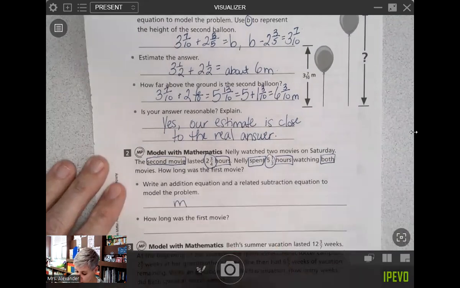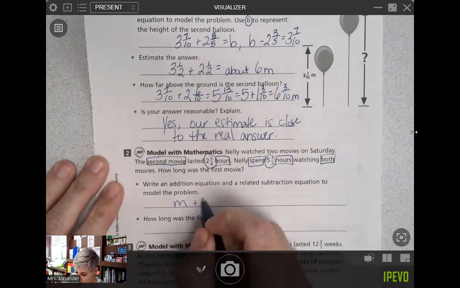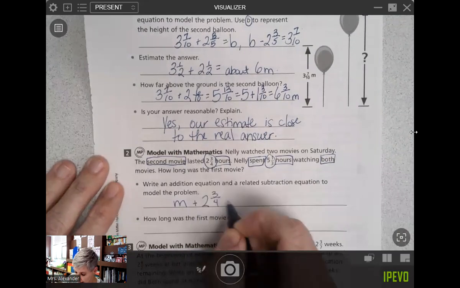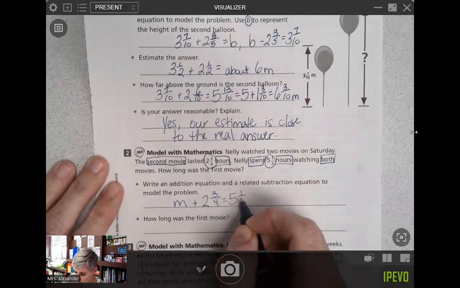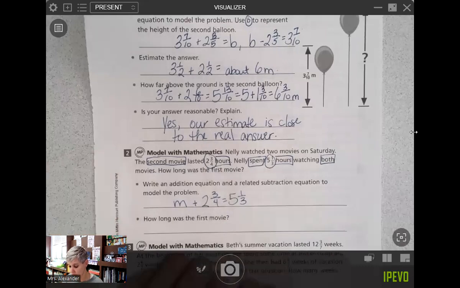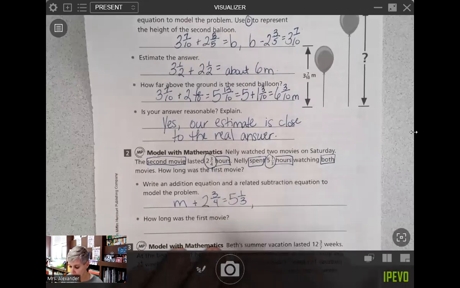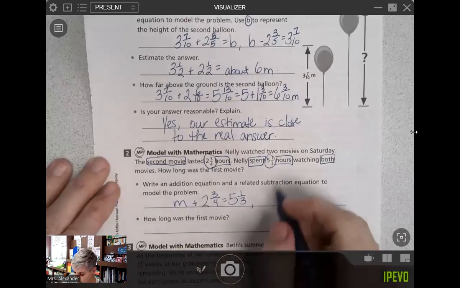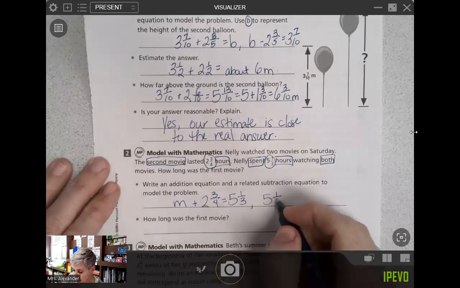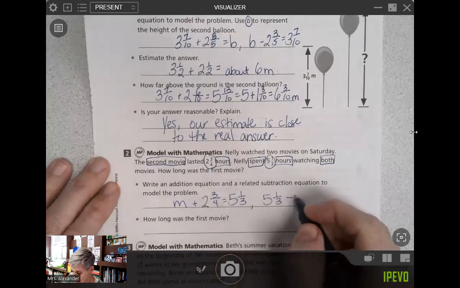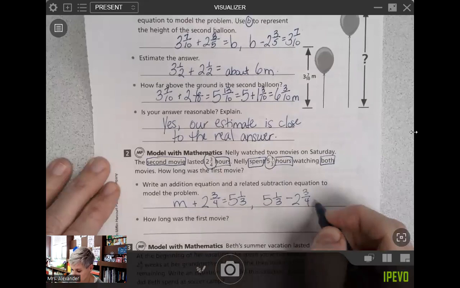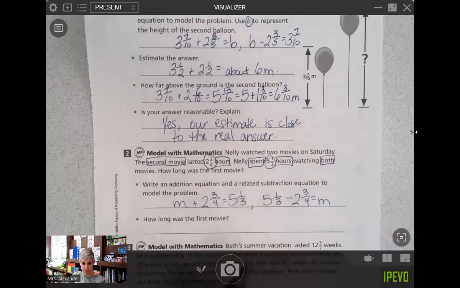I don't know how long that was, but I know if I add that to movie 2, I get the total of 5 1/3 hours. A related subtraction problem, I can take my total and move it all the way to the front of my equation and then subtract how long the second movie was, and that would equal M. So those are our equations.